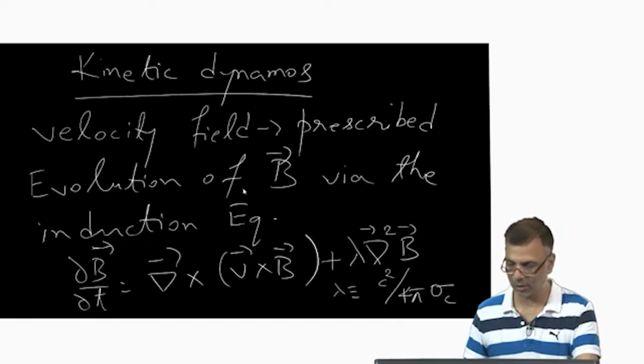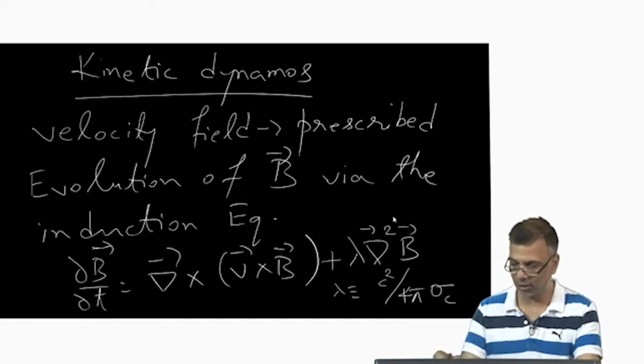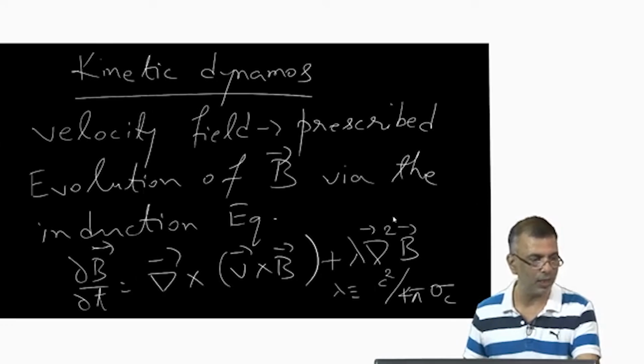The second term, this term, contributes to the decay of magnetic flux, and so it turns out that the decay problem is not such a simple problem, is not such a trivial problem.